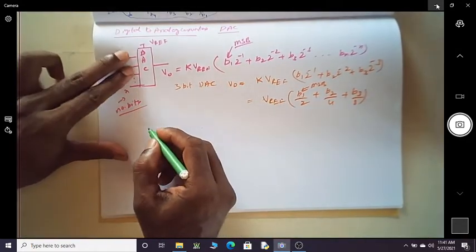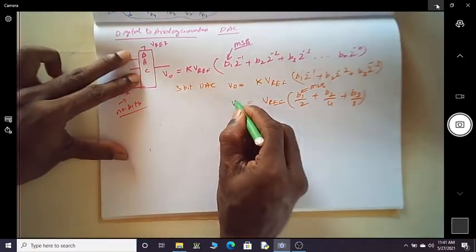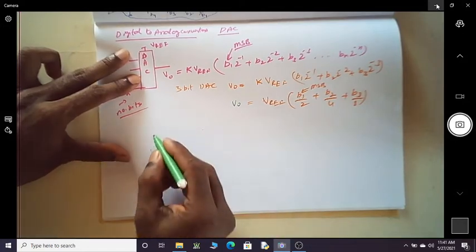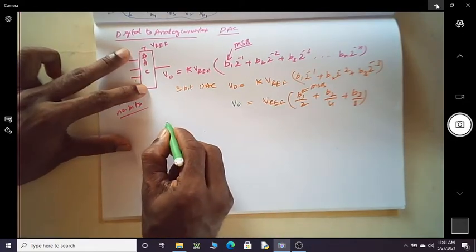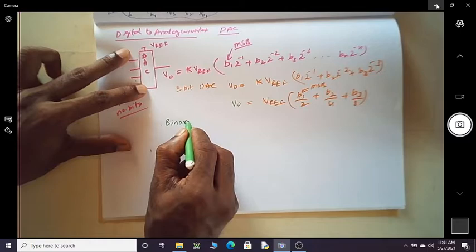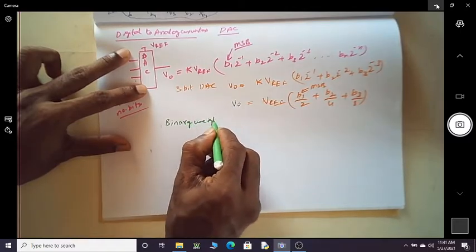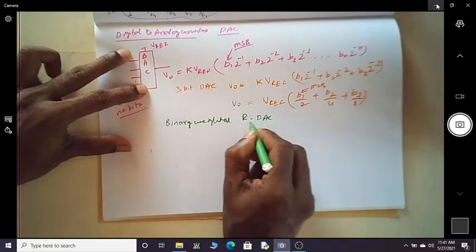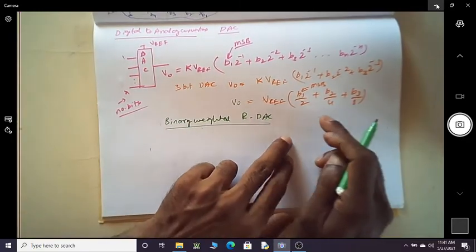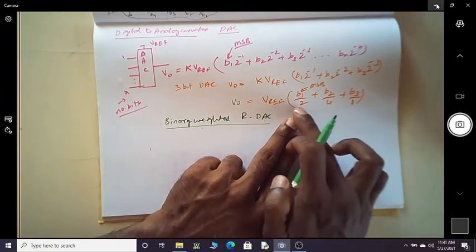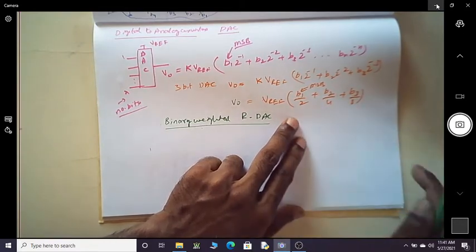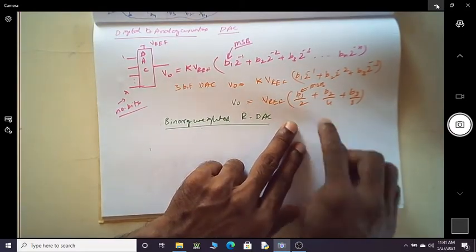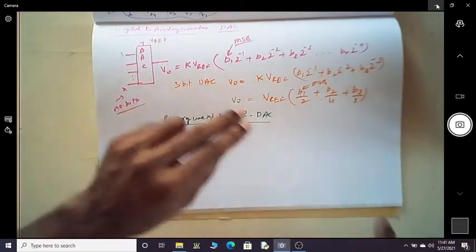So the first and foremost circuit that we can think of for implementing this particular DAC is called the binary weighted resistor DAC. As the name itself indicates, you have resistors whose values are weighted as per the binary, because we want to get the output voltage in terms of binary weight.